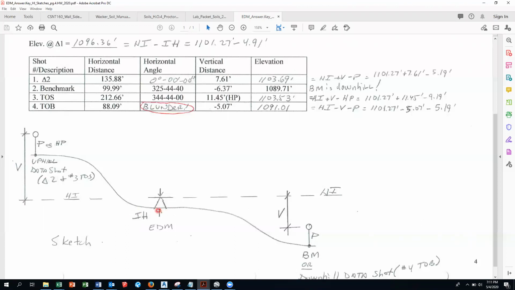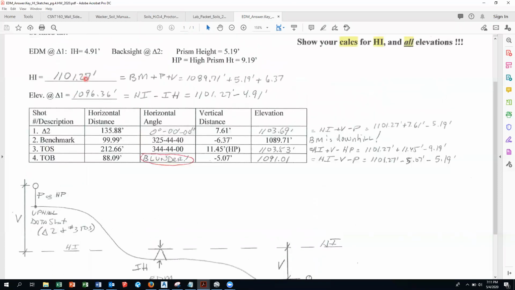So if you wanted the elevation of that control point, it's whatever the HI is, which you now have. And how do you get the IH? You literally measure from the center of the axis of the telescope to the top of the control point. So the IH is a vertical distance. The HI is an elevation.